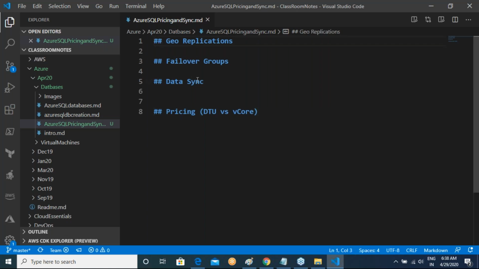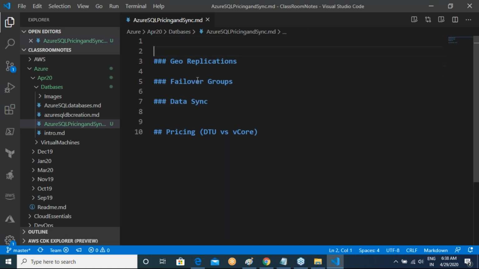So I'll put it this way: geo replications, failover groups, data sync.